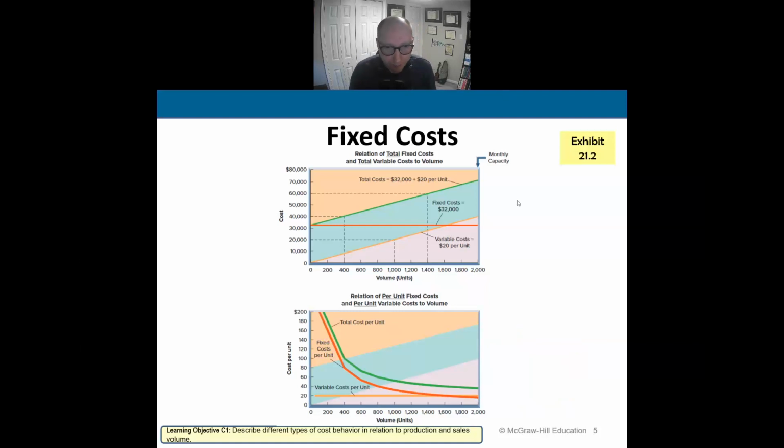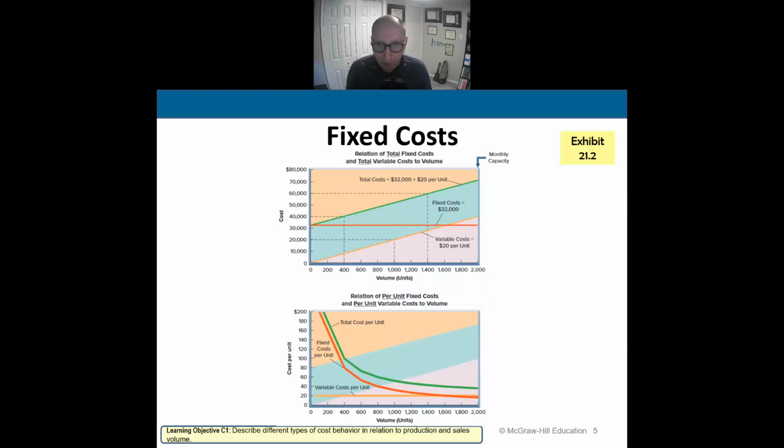So, having said that, we see that the more units I produce, the lower my fixed costs are per unit. That makes sense. So I take the $32,000 and divide it by the number of units I'm producing. If I produce 2,000 units, my fixed cost per unit is going to be, what, 18 bucks?